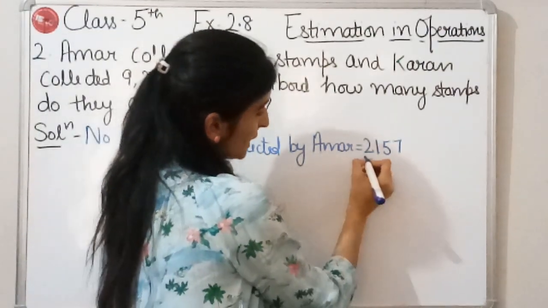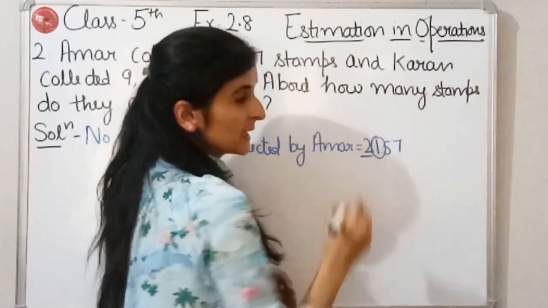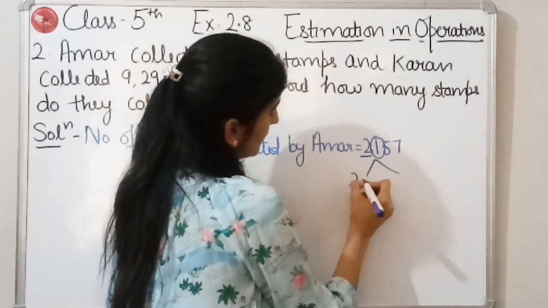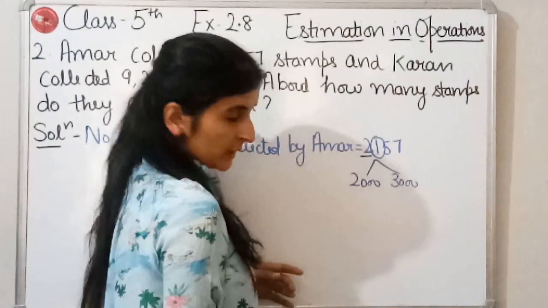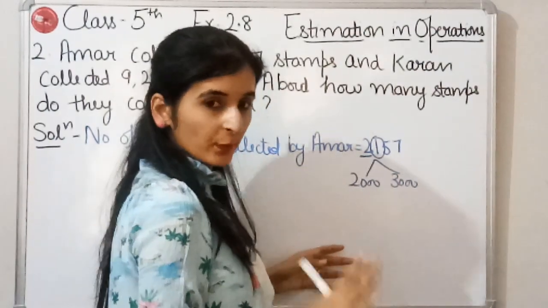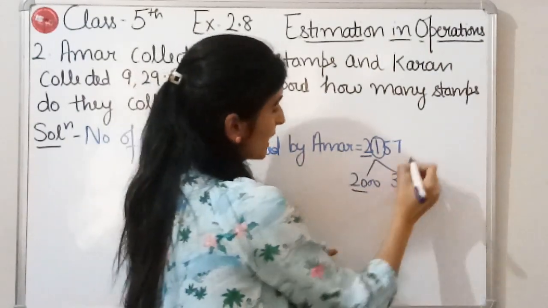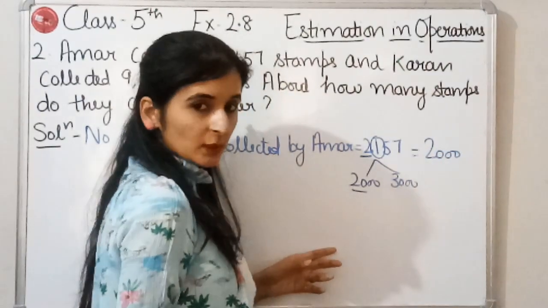On the thousands place there is 2, and on its right-hand side there is 1. Now it lies in between 2000 and 3000. Now this 1 we have to compare with 5. So this 1 is less than 5, so this will be rounded down. That means this will be equal to 2000.